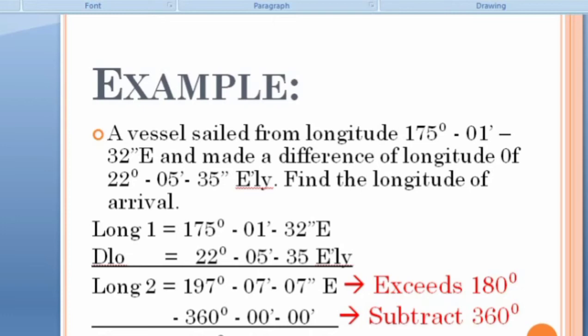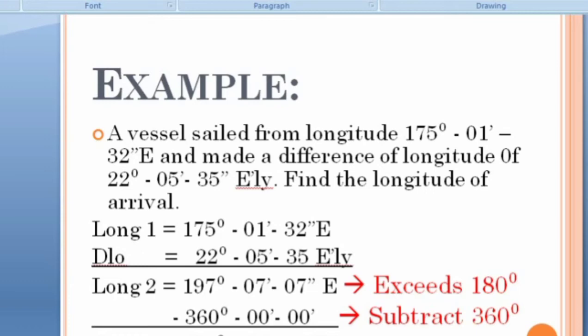So we have to add first, 197 degrees 07 minutes 07 seconds, that would be the answer, right? So it should be subtracted from 360 degrees because we don't have a longitude which is more than 180 degrees. So that is why the answer for the longitude of arrival is 162 degrees 52 minutes 53 seconds west.